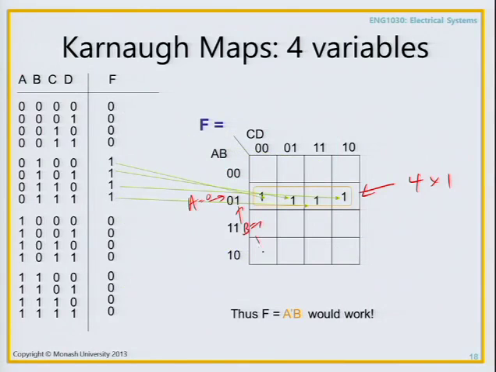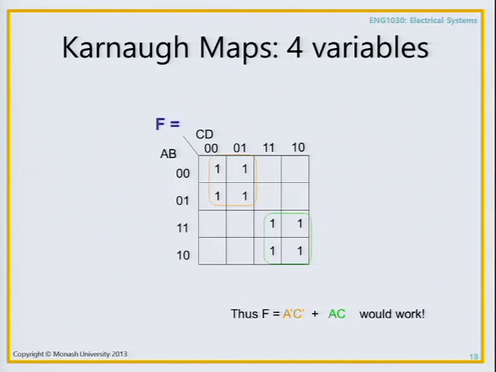So this gives us A prime B, because amongst these 4 cells, these variables do not change. Over here, we've got 2 groups of 4. So here, A prime C prime plus AC would work. Okay, so you've got AC here, A prime C prime.